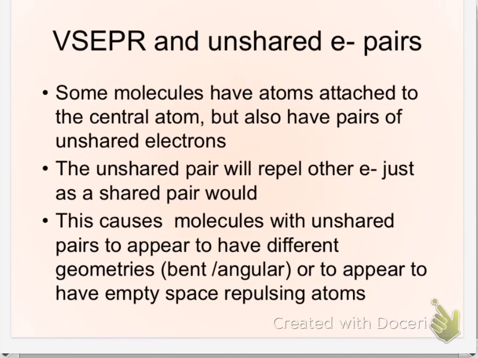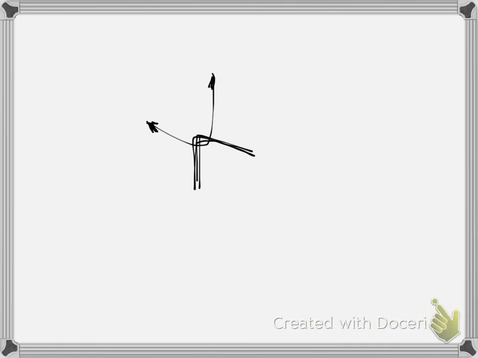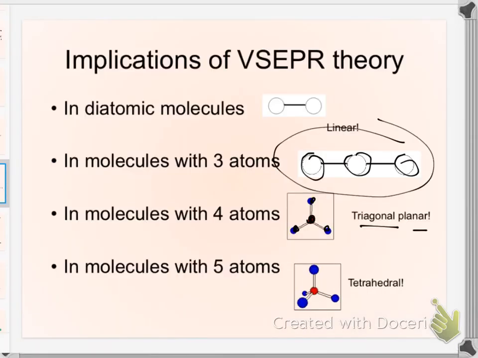So typically we have what are called, we have bent. If we had an unshared pair, ouch, here. So this has only got 3 things attached, right? We would think it might be trigonal planar. 3 things attached to a central atom.